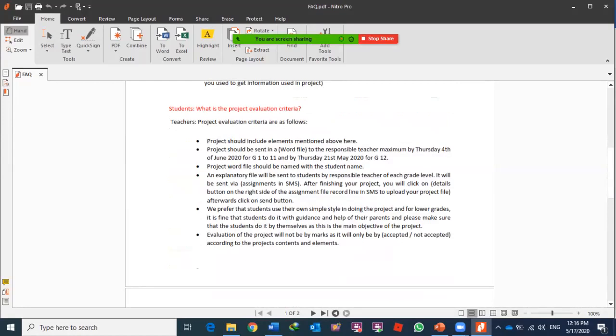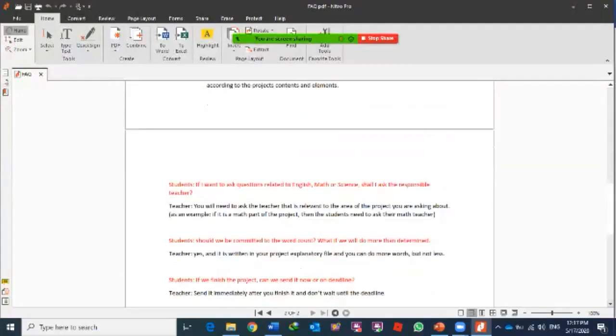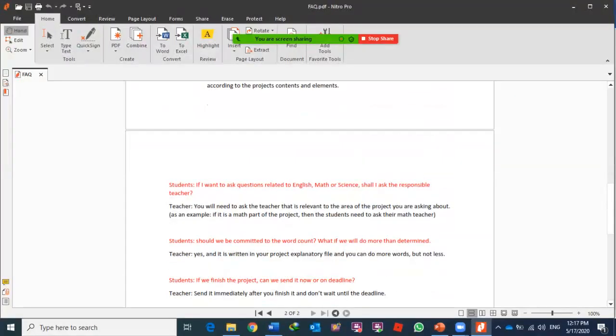We prefer the student use their own style in doing the project. In lower grades, it's fine that students work with guidance. Of course, you don't need guidance at your stage. Here, if I want to ask a question related to English, math, or science, shall I ask the responsible teacher? You will need to ask the teacher that is relevant to the area of the project you are asking about.